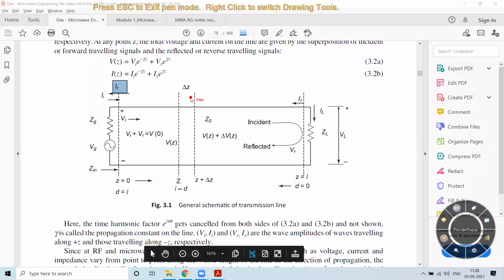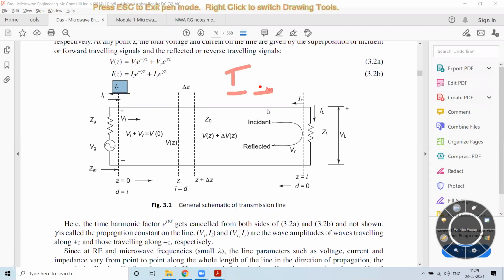Yesterday we also discussed that sometimes these are represented, say for current, as I plus. This also represents the incident parameters. Similarly, we can have V plus, or we can represent it as VI and II. So these are all incident parameters.